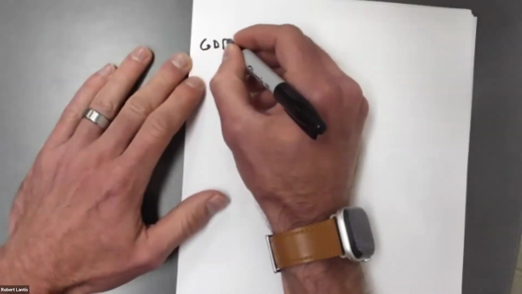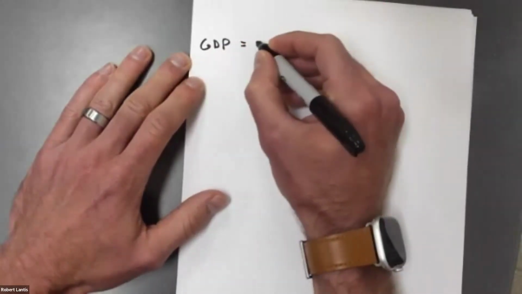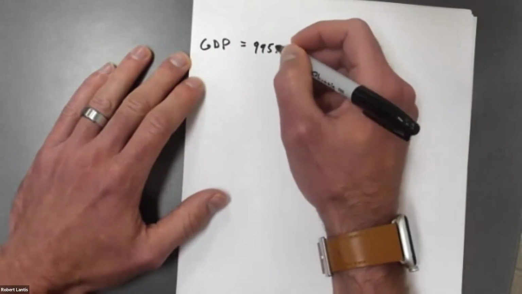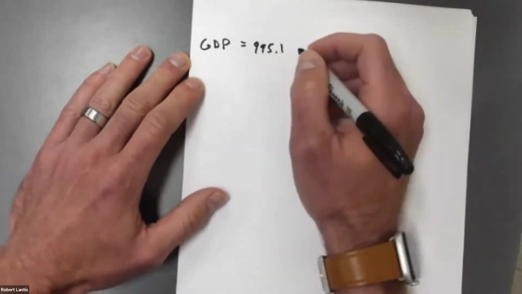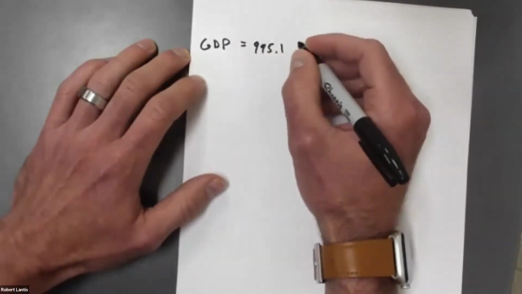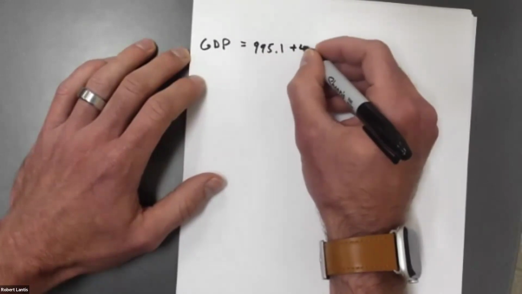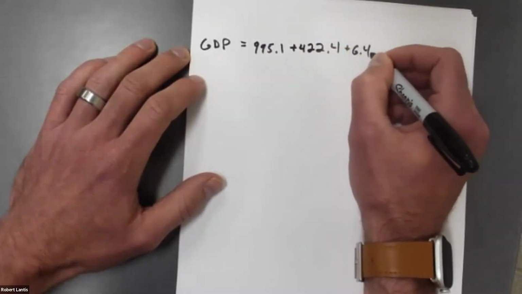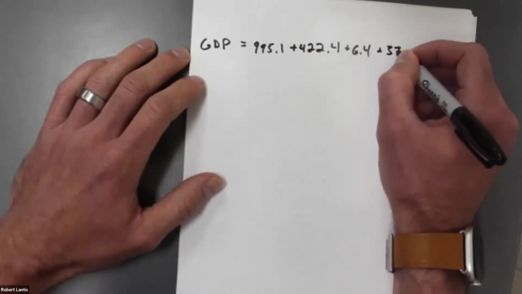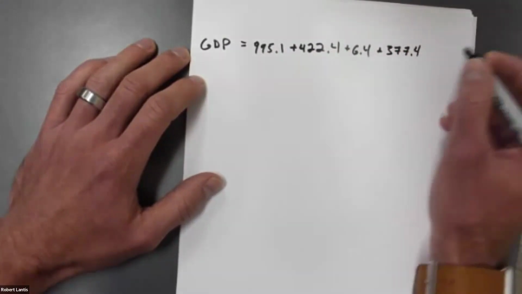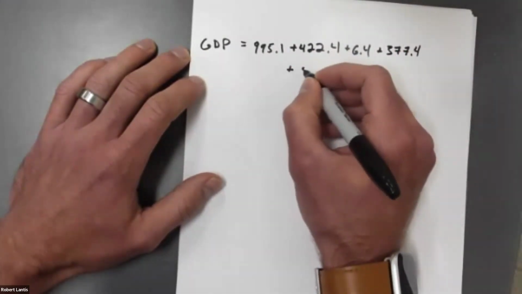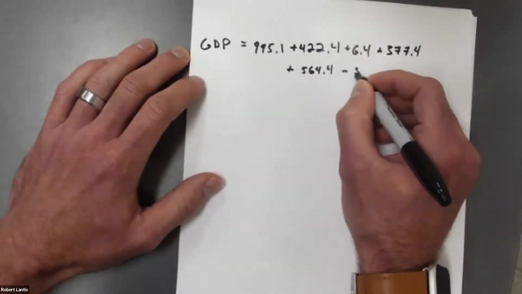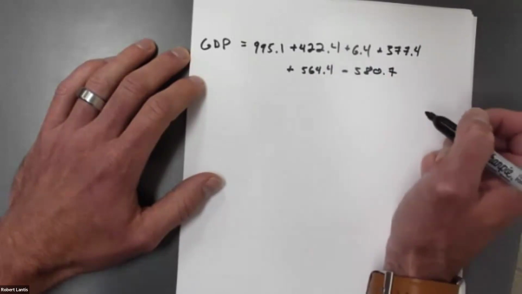If we were calculating that GDP in Canada, we took consumption spending, which, if you look at that table, and there we go, 995.1. We would then add in the two categories that we had for investment. We would add in government spending, and then we would add in net exports, which are my exports minus my imports.